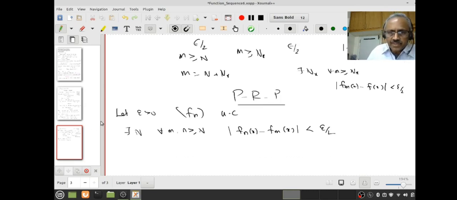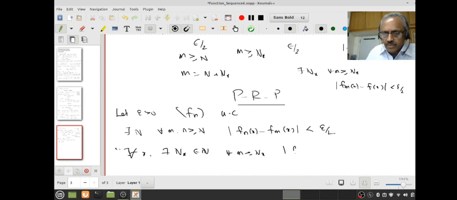And for the same epsilon, for every x there exists nx, a natural number, so that for every m greater than or equal to nx, what do I know? Mod fm x minus f of x is less than epsilon by 2. This is 1, this is 2.